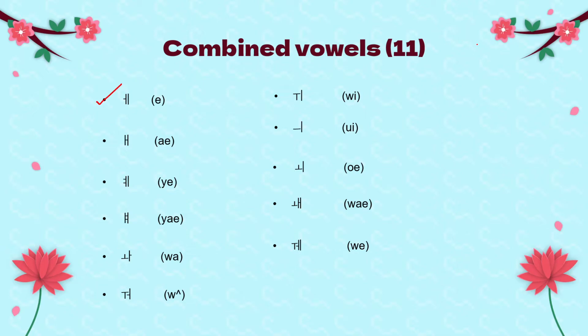So combined vowels are 11, and these are the combined vowels. They are combined of basic vowels.